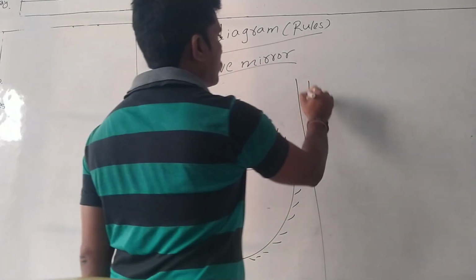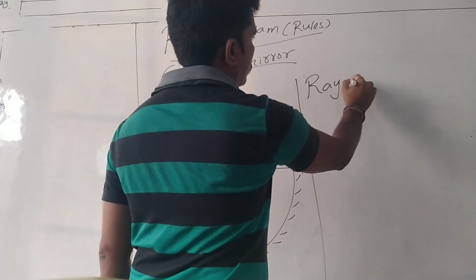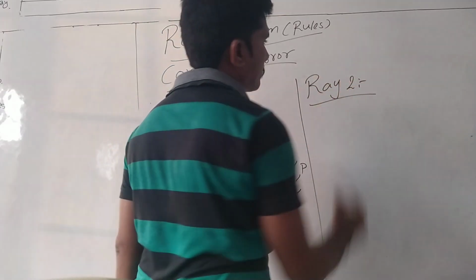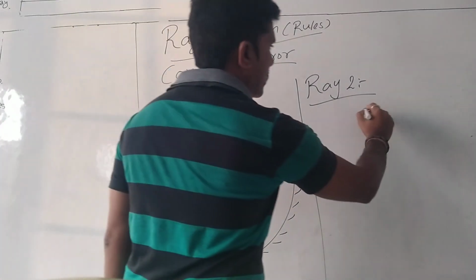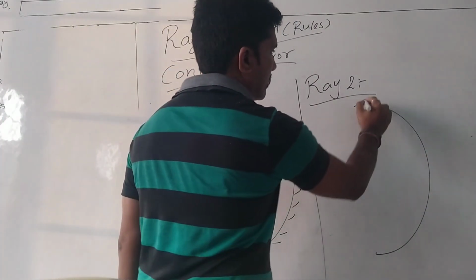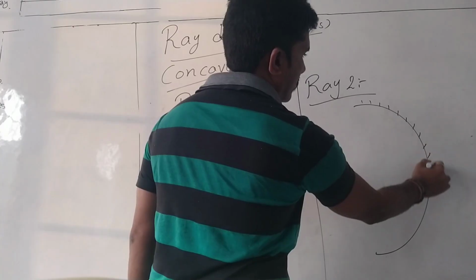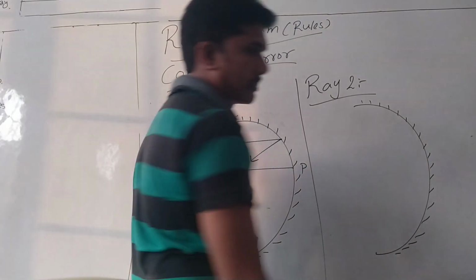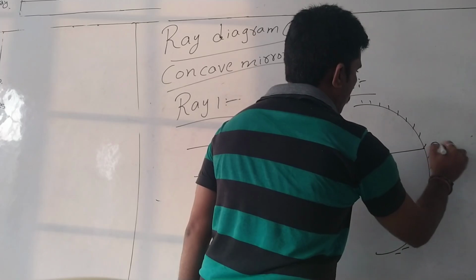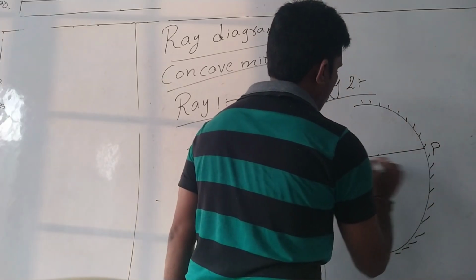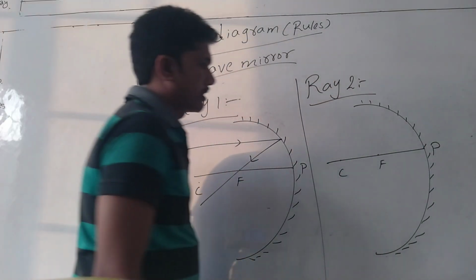Ray 2. You can draw a diagram like this: concave mirror, a straight line, pole, focus, center of curvature.